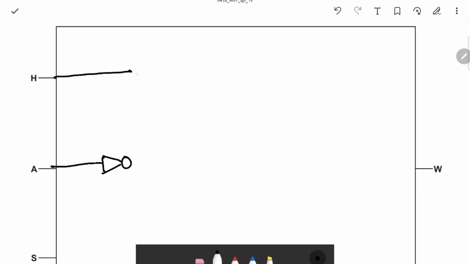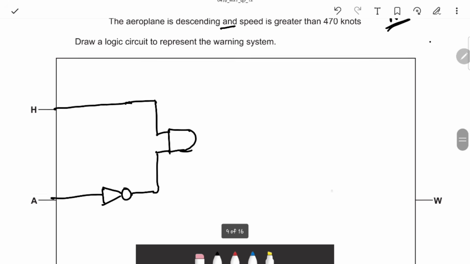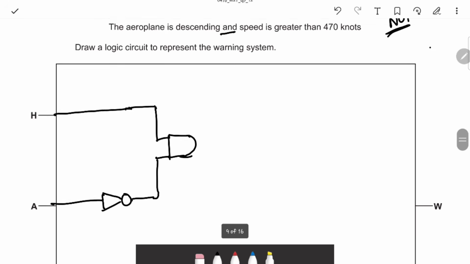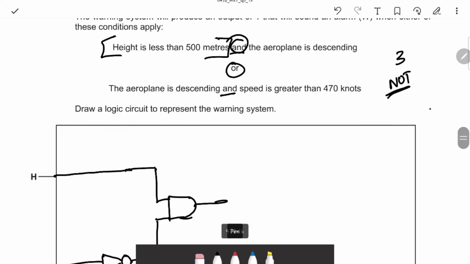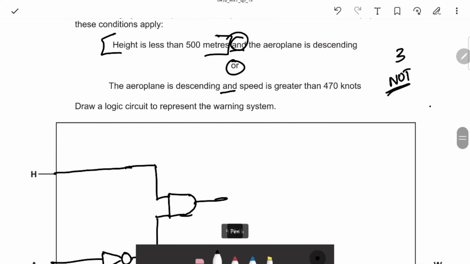Now it's advisable to use of course a ruler, but for saving time I will not use that. Okay, so this is connected with an AND gate. Because remember it's not A, not and H, would give us the AND. The next one, let's move on to the next statement, and this is connected with an OR gate, remember, so it will be an OR gate later.